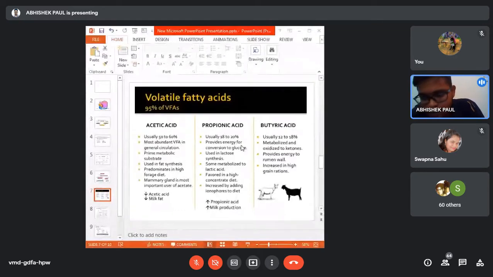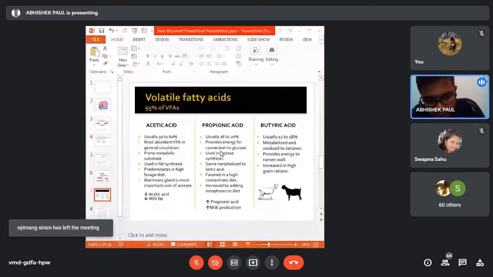Propionic acid, at 15 to 20% or 18 to 20%, is the second most important volatile fatty acid. It provides energy for conversion to glucose, so it is the energy source, and it is used in lactose synthesis. This is very, very important.